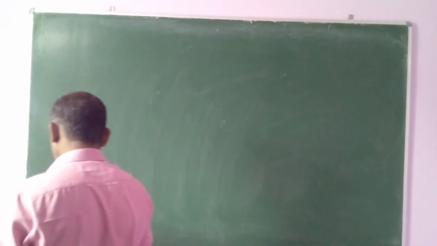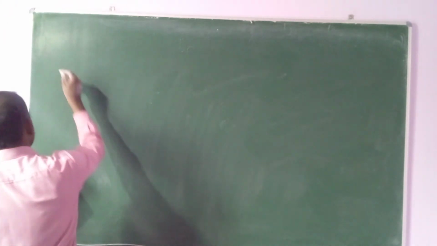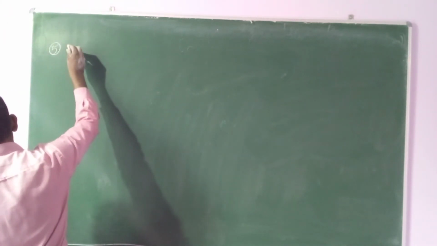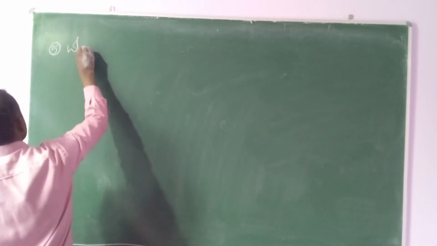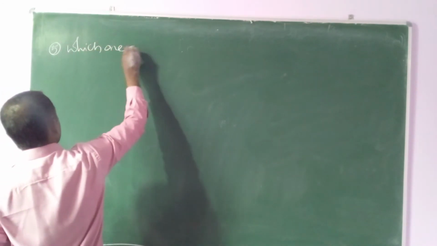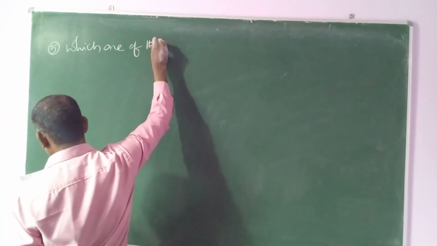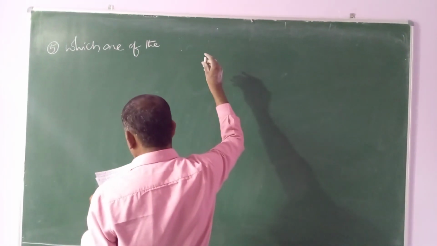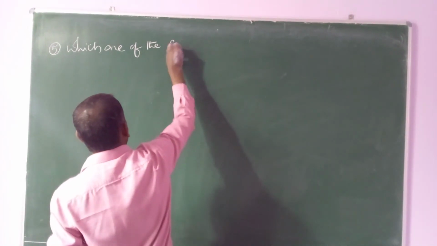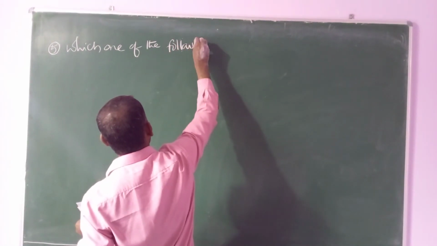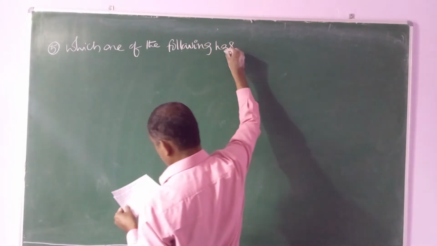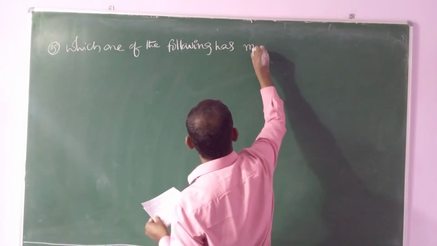Next, fifth one, theory based one it is. Which one of the following has minimum gold number?